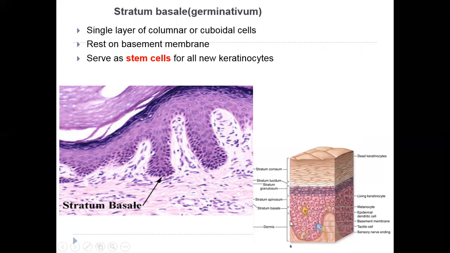Basement membrane is located here and they are resting on it. And they are called as stratum germinativum because it serves as stem cells for all new keratinocytes. So the keratinocytes, all of them are going to begin their journey from here. The cells are produced here and they slowly move to the superficial aspect.